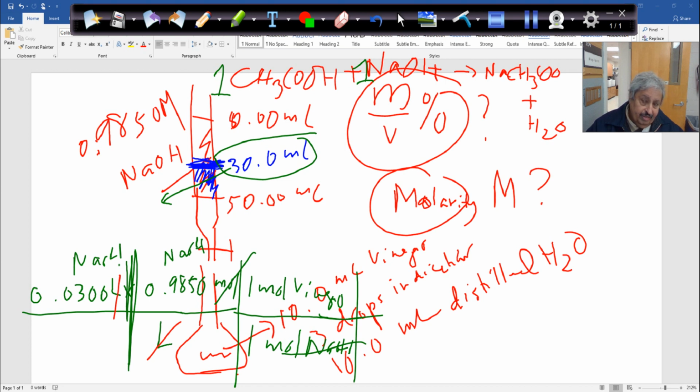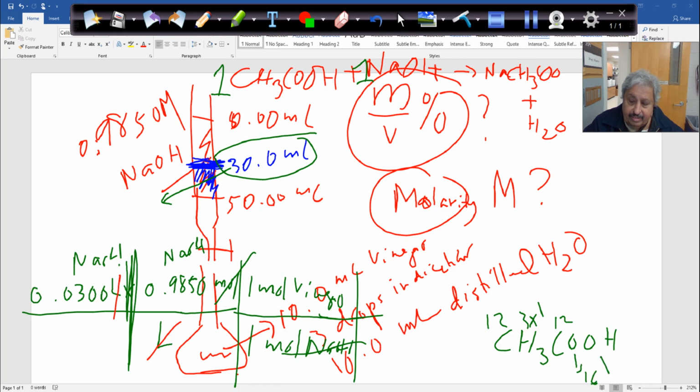Mass over the volume, I need the mass of vinegar. So I need to know the molar mass of vinegar, correct? The molar mass of vinegar, CH3COOH. This is 12. This is 3 multiplied by 1. This is 12. This is 16.